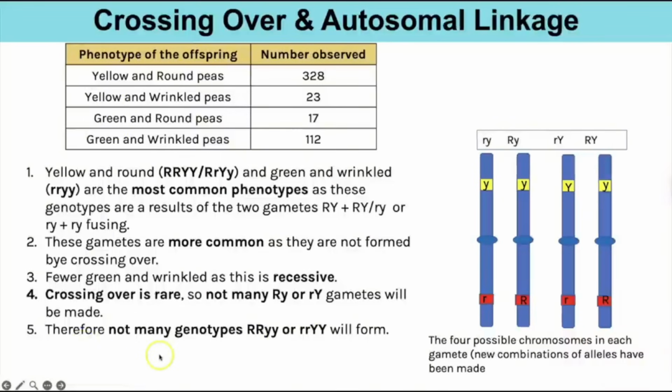So the key thing with a question like this is pointing out autosomal linkage occurred, if they haven't already told you, and also pointing out crossing over has occurred. But that's rare, which is why we don't get very many of these gametes and therefore those phenotypes. So sometimes the mark scheme does insist that you literally pick out which gametes were a result of crossing over, which were not, and link that to the numbers of each phenotype.